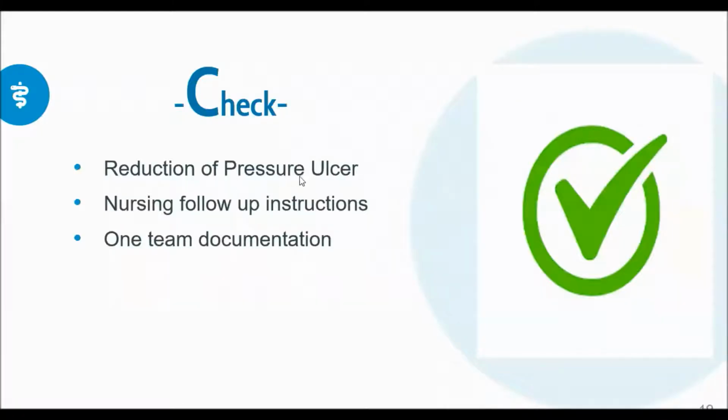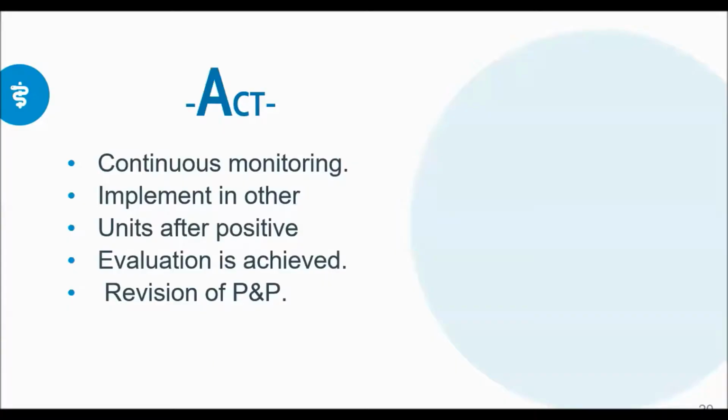Check the reduction of pressure ulcers, nursing follow-up structure, and team documentation. The main thing found was the documentation by the nurses. Act on continuous monitoring. We'll continue monitoring stage by stage, day by day.